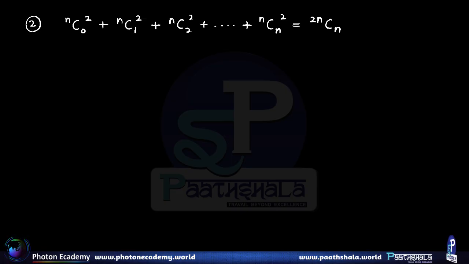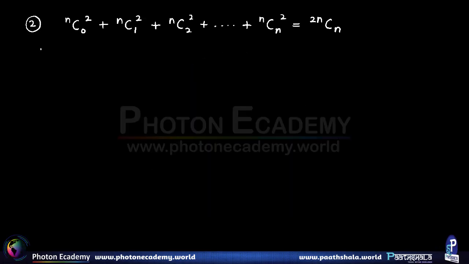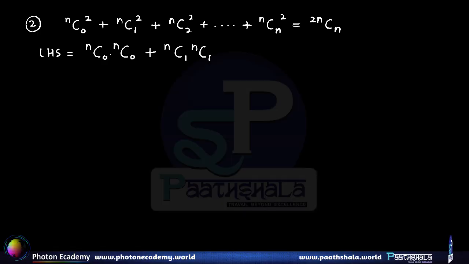So the left hand side is nothing but sum of squares of all the binomial coefficients. Now let's consider LHS first. Now each square we can definitely write as the product of the same terms, that is NC0 square is nothing but NC0 into NC0 plus NC1 into NC1 and so on up to NCn into NCn.